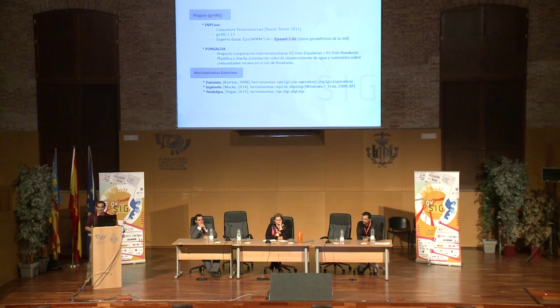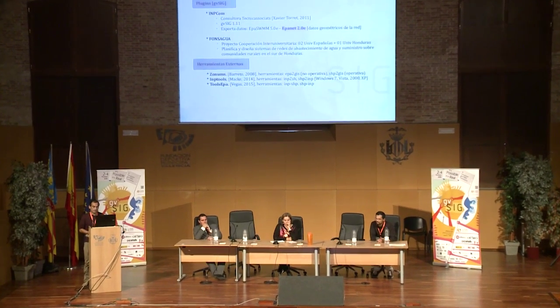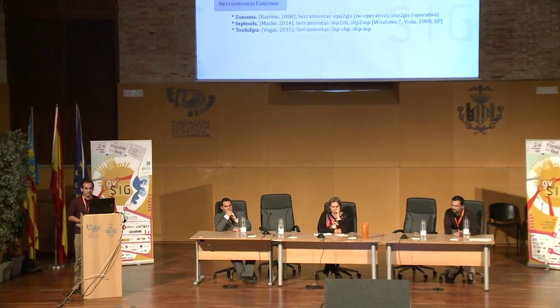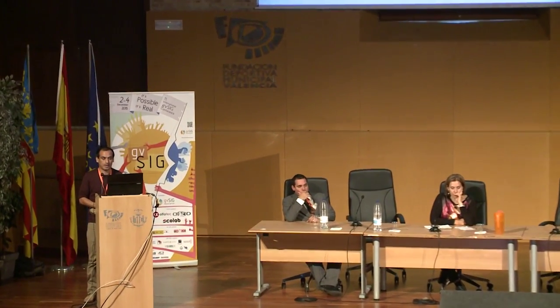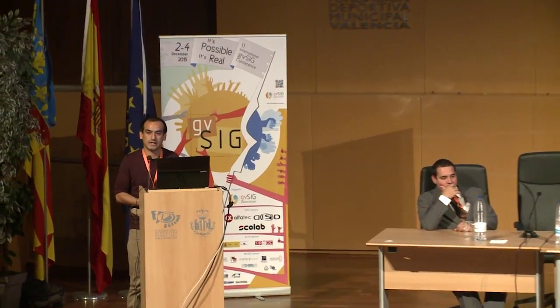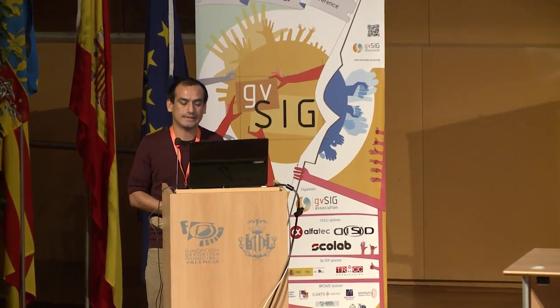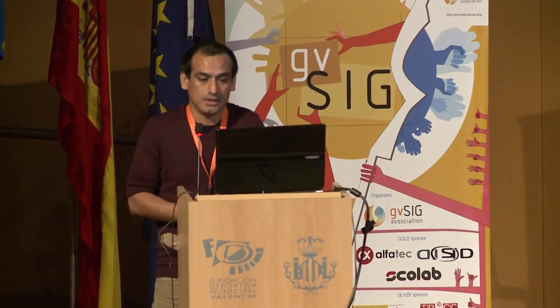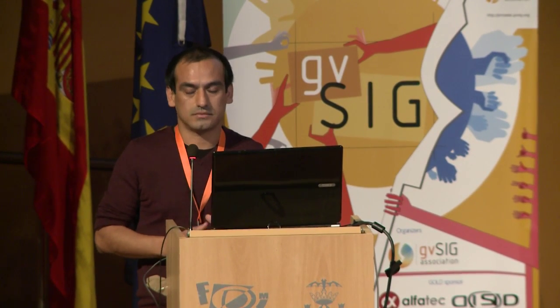And we take a look at the external tools. We've got 3 tools. We've got Zonums, which is a website, a web page, where somebody develops as a hobby different tools without using any GIS, simply a programming environment, and in certain cases using the dynamic library of EPANET.